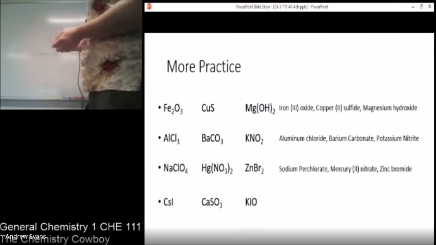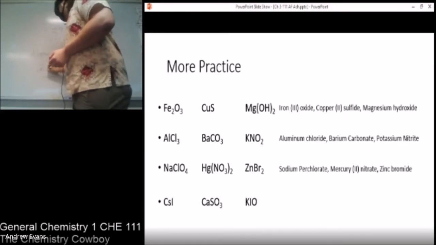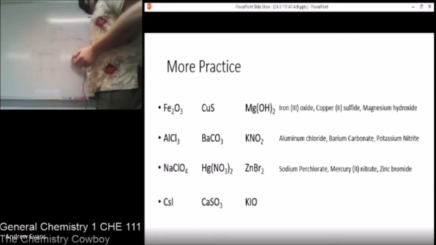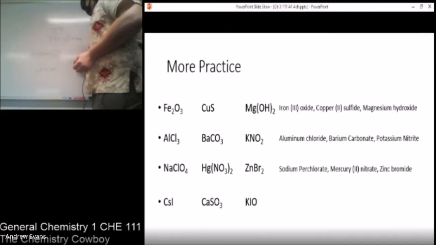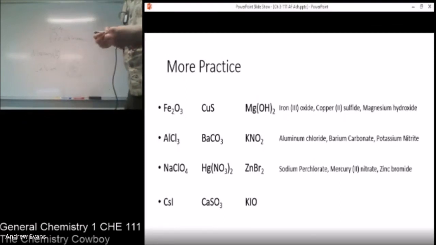So calcium, pretty straightforward, but we have SO3. SO4 is sulfate. So SO3 is sulfite. SO3 is sulfite. Calcium sulfite. And the last one, KIO.